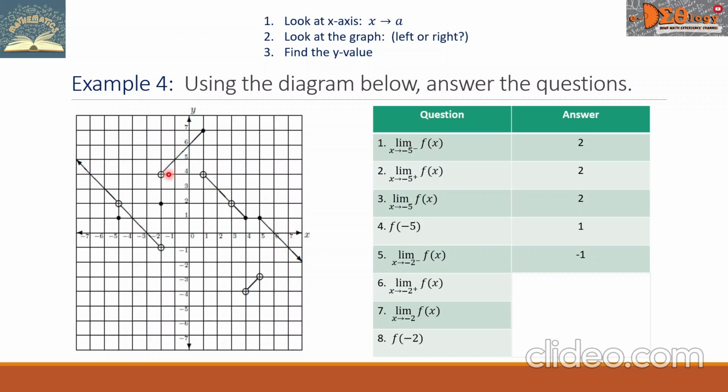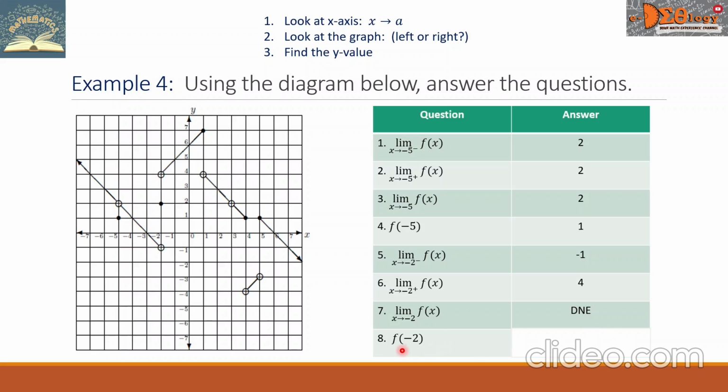Then we find the y value, and that will be 4. So we write here 4. Number 7. This is a two-sided limit. So simply we compare the values for the left-hand limit and the right-hand limit. We can see that they are not equal. In that case, we conclude that the limit itself does not exist.